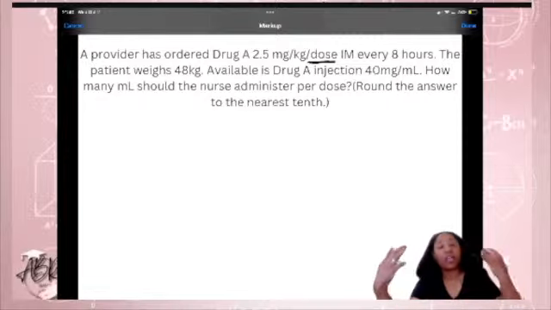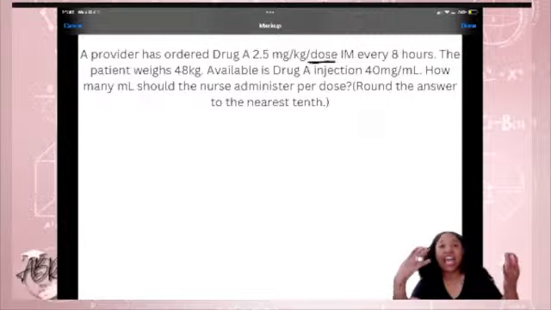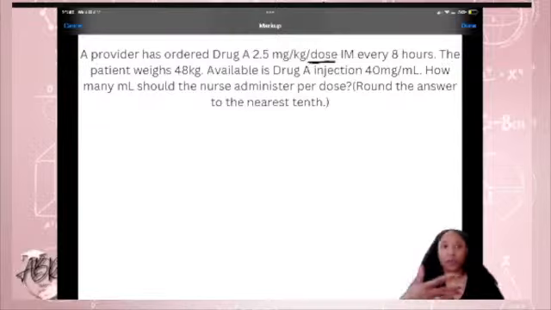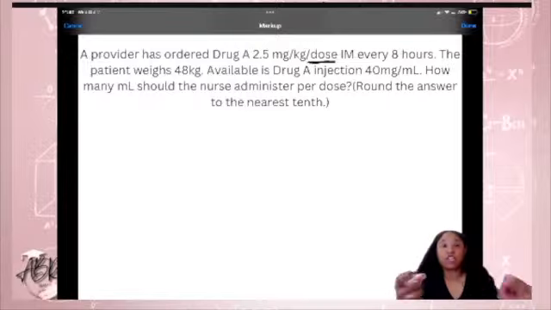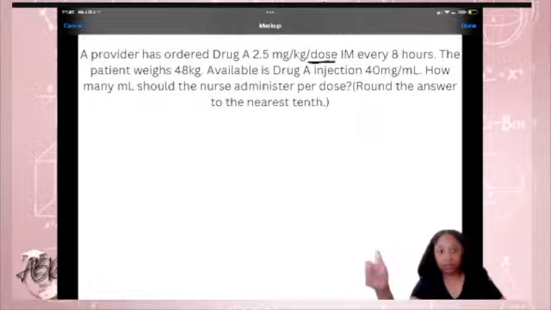So a frequency is how many times you would give a dose in a day, right? If it has every in front of it, every blank hours, that's your frequency. Either it has every in front of it or that's your BID, TID, QID frequency.